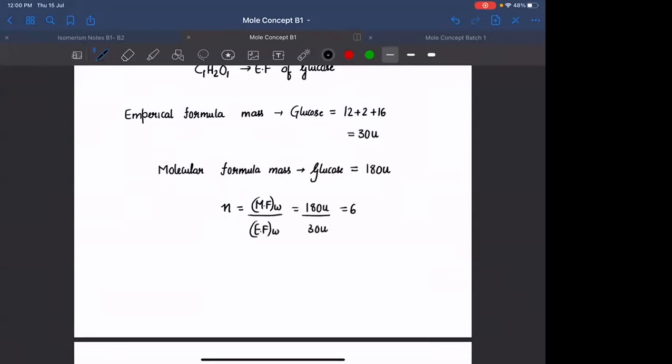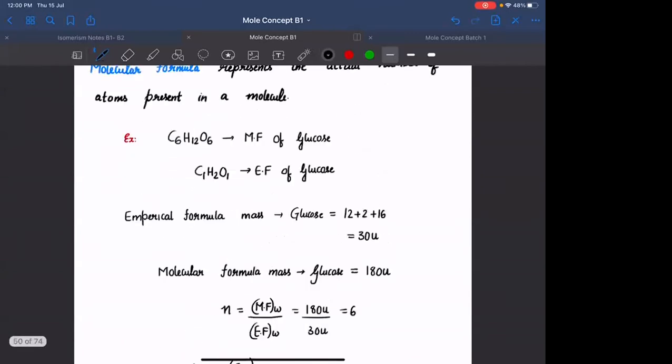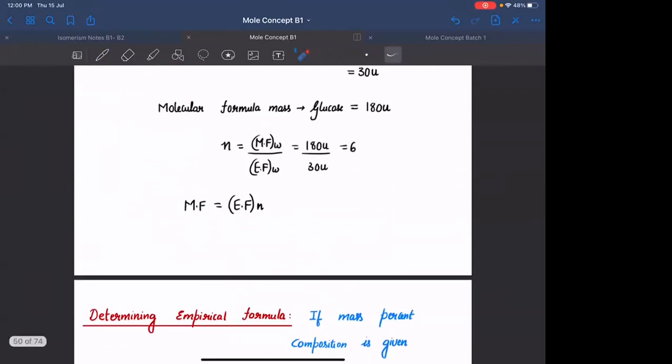Agreed? Yes. If I want to calculate the molecular formula, the molecular formula is nothing but if you multiply the empirical formula by n, you will get the molecular formula. That means if you are multiplying this by n, what is the value of n? It is 6, right? If you are multiplying this by 6, you will get C6H12O6. Agreed?